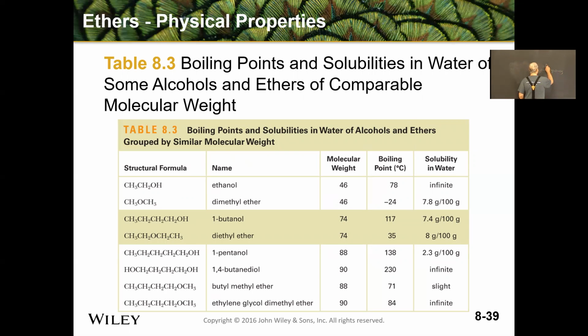This is sometimes called DME, dimethoxyethane. The IUPAC name would be ethane. Here we keep the E. And it would be 1,2-dimethoxy.